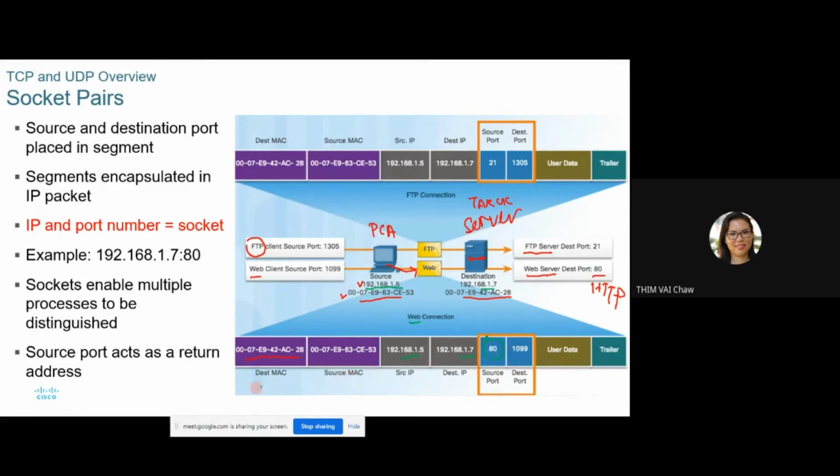So I give you the idea, this data here. You have the source port. Why? Because you are communicating with this particular server. What is your destination port? Your destination port will be this one.